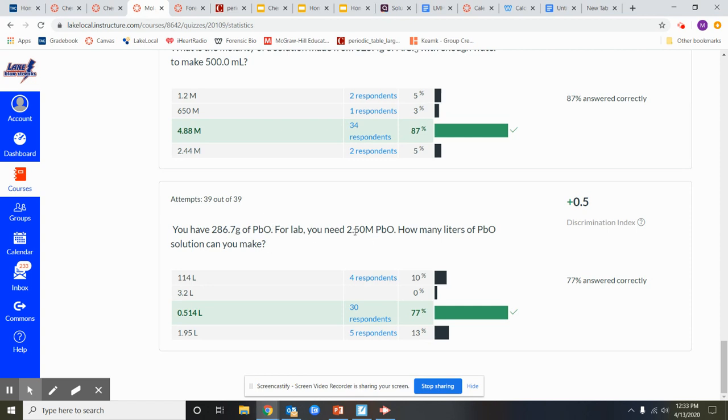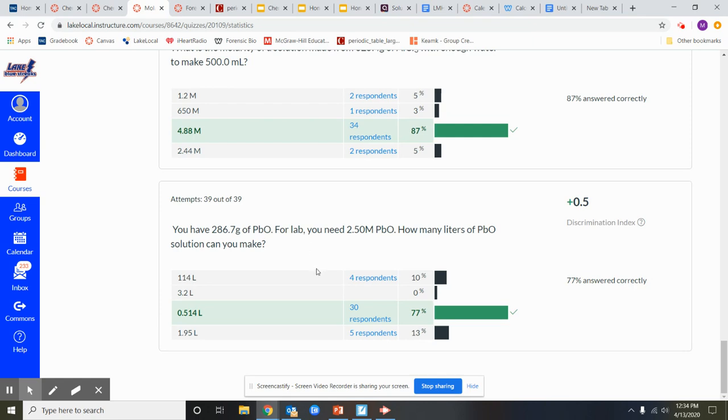So your equation should look like 2.5 equals 1.28 moles of lead 2 oxide divided by X. Okay, you're solving for liters here. So when you solve for X, you're going to end up dividing 1.28 moles by 2.5 molar, and you get 0.514 liters. Okay, so in this case, again, it's just making sure that you're getting into the units that you need to get into, and making sure that you plug them in and then do the right math to solve for them.